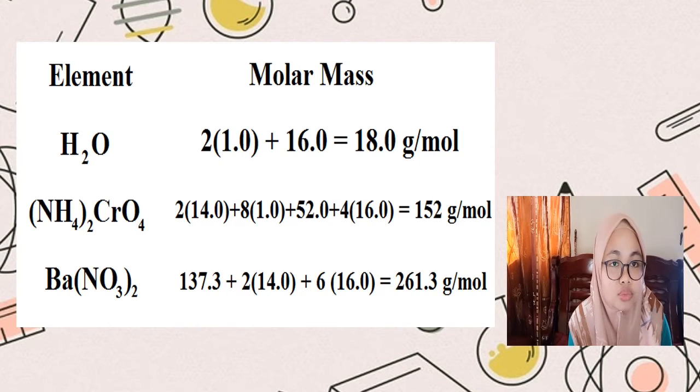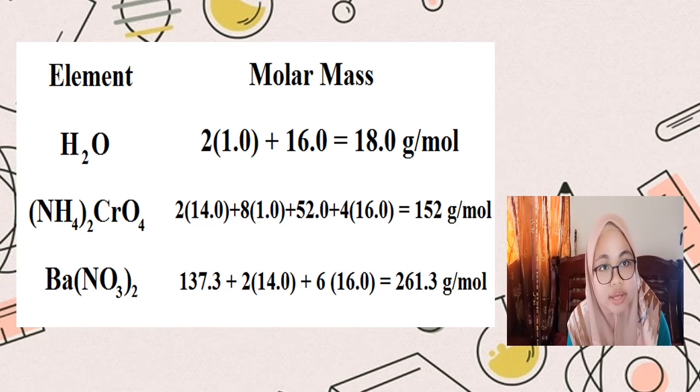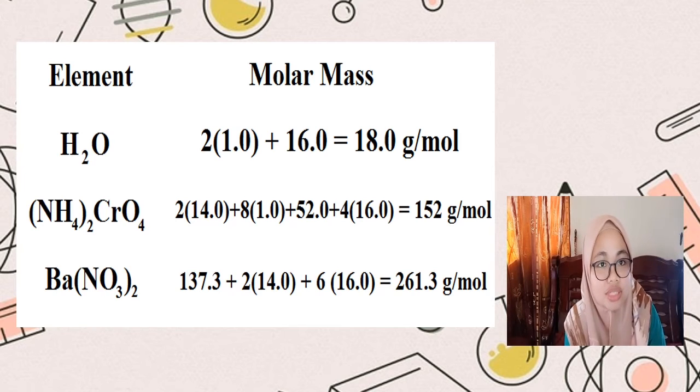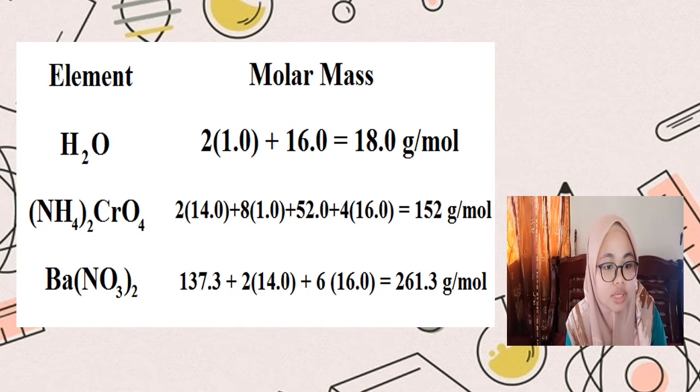The second one I choose is (NH4)2CrO4. You can use the formula: 2 bracket 40.0 plus 8 bracket 1.0 plus 52.0 plus 4 bracket 60.0, divided to 152 gram per mole.